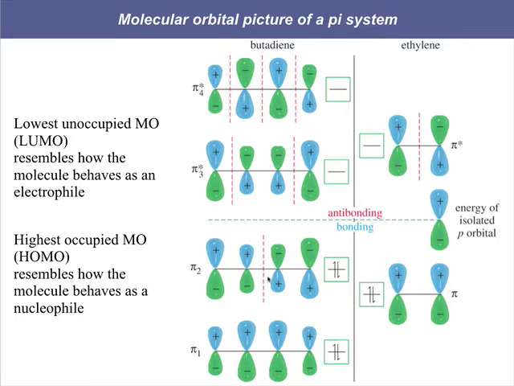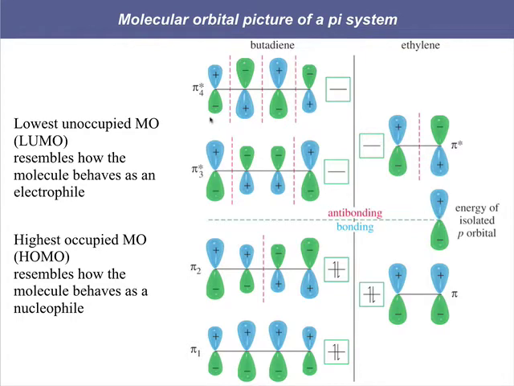So you'll notice that the 0 node and 1 node representations are lower in energy than the unmixed system, and the 2 node and 3 node orbitals were higher in energy than the isolated system.